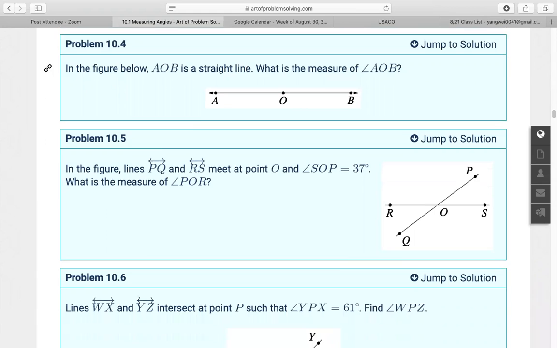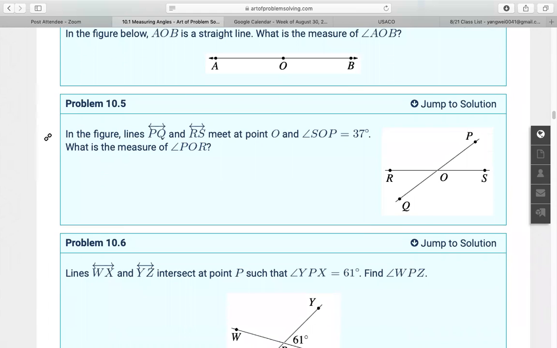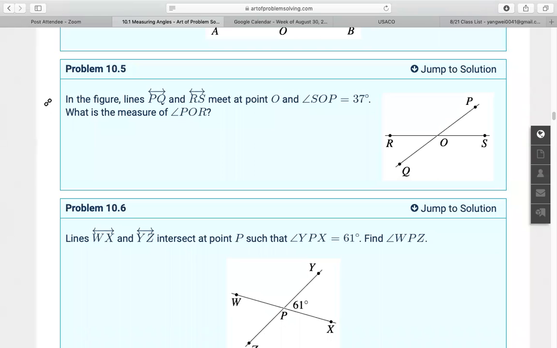Now let's see 10.5. Sean got it correct. Sophie also got it correct. Julie got it correct. Christina got it correct. Okay, 10.5. In the figure, line PQ and RS, they have an arrow point on both sides.